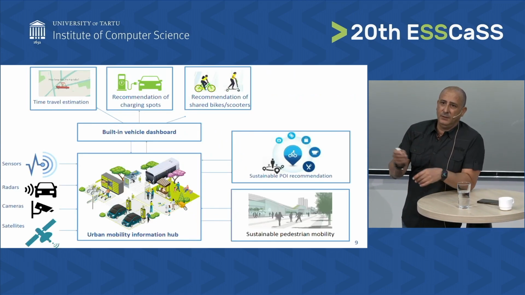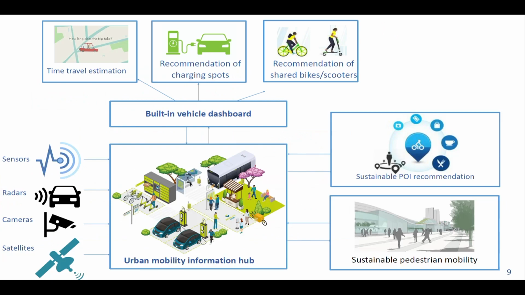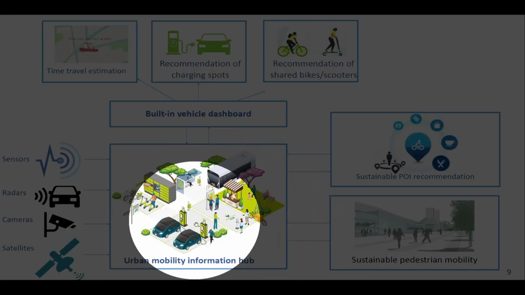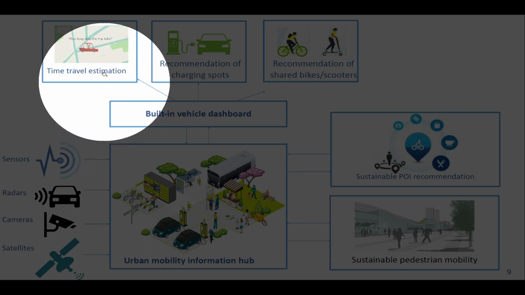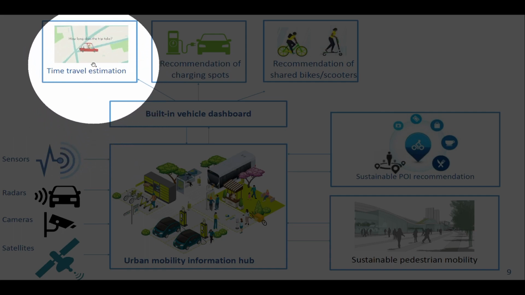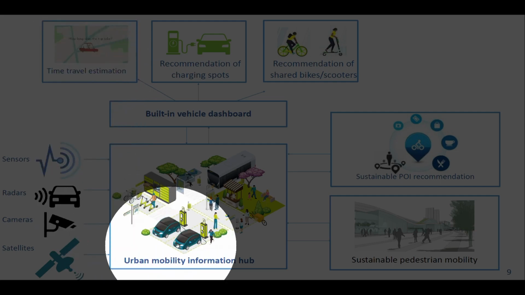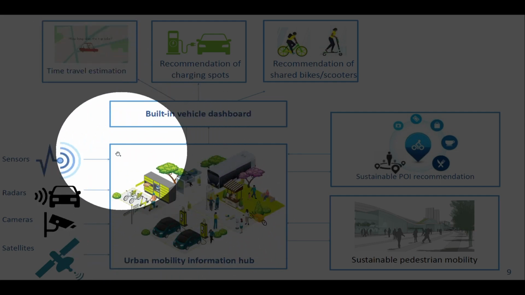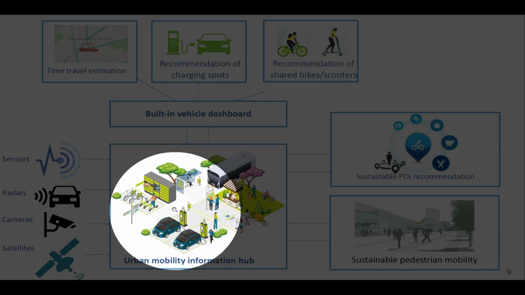In our group we developed this urban mobility information hub, and I have chosen to provide you two use cases. The first one is travel time estimation, and the second one is traffic light management.